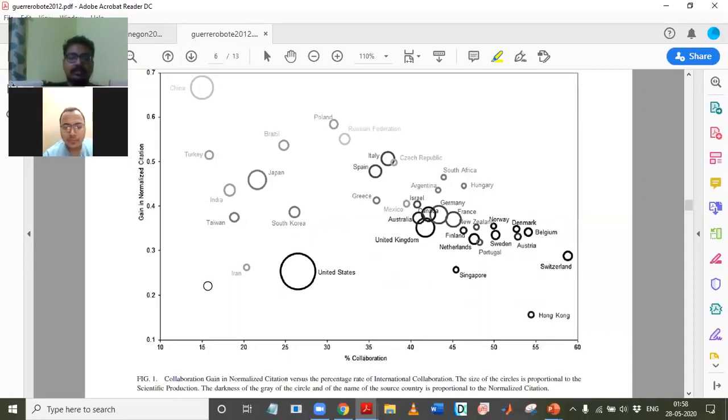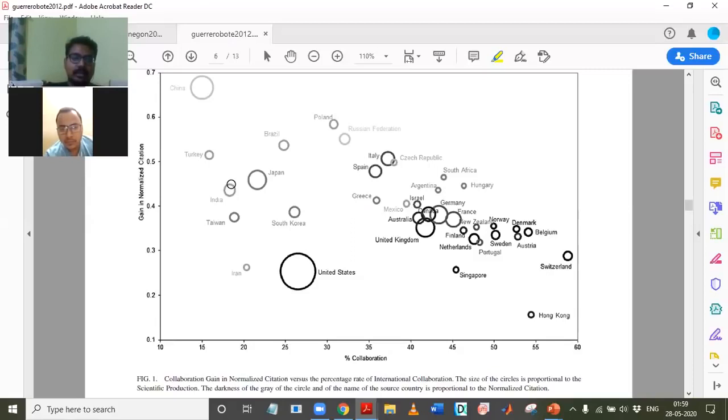Here we see that when researchers from Iran did some collaborations, out of all the papers analyzed, there was only 20% collaboration by Iran, and the citation improved by about 0.25. Whereas India is somewhere here.